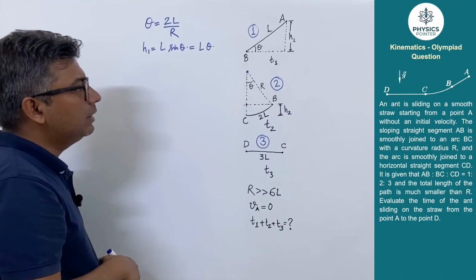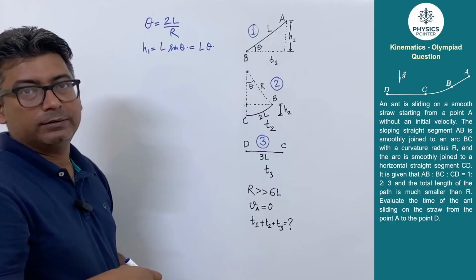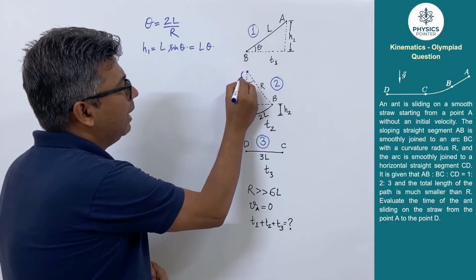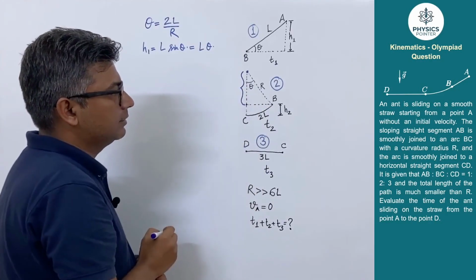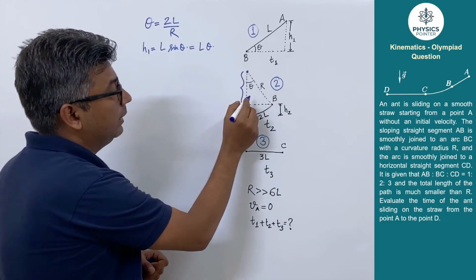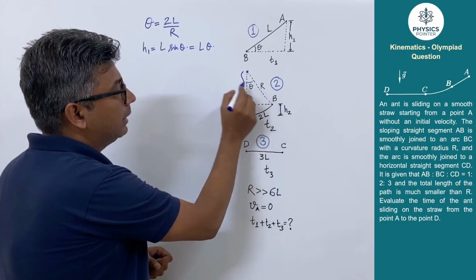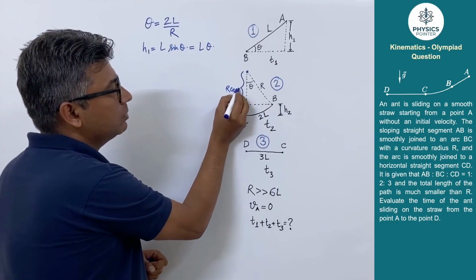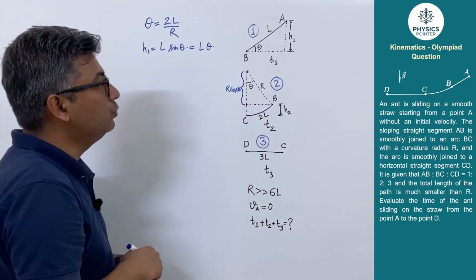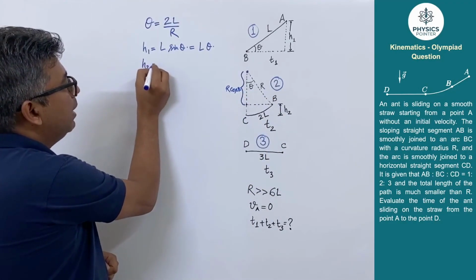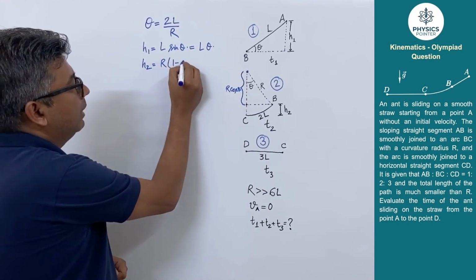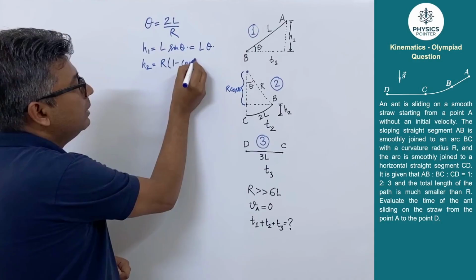Now let's talk about the H2 height. How to calculate H2? We have to first know what this is. This one is R times cos theta, right? So this is R cos theta. So how do we get H2? H2 is nothing but R minus R cos theta, which is R times (1 minus cos theta).